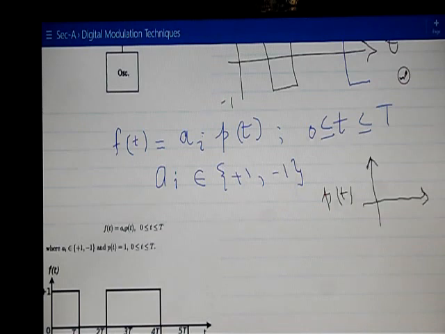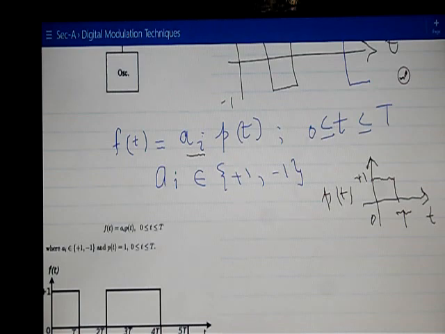My p of t is just a positive pulse from 0 to capital T with magnitude plus 1. So this is a pulse, and this is scaled by a sub i.